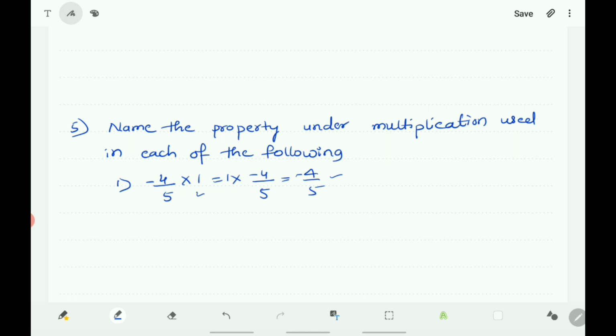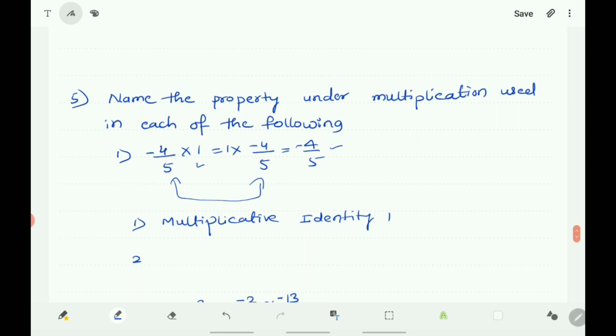One property used is the multiplicative identity 1, because multiplying minus 4 by 5 by 1 you get minus 4 by 5 only.